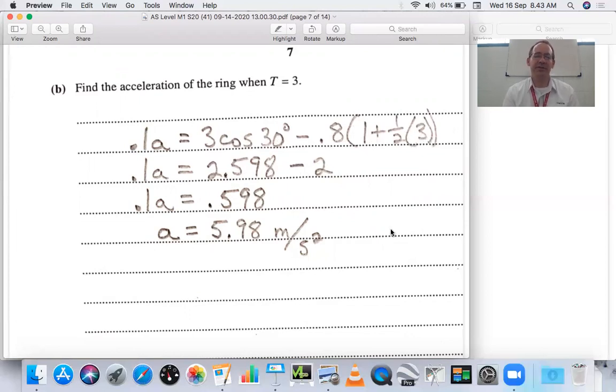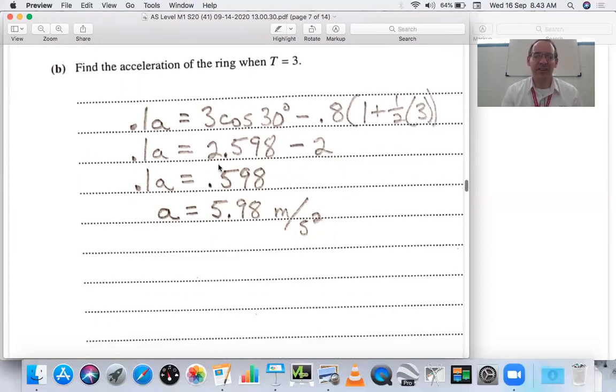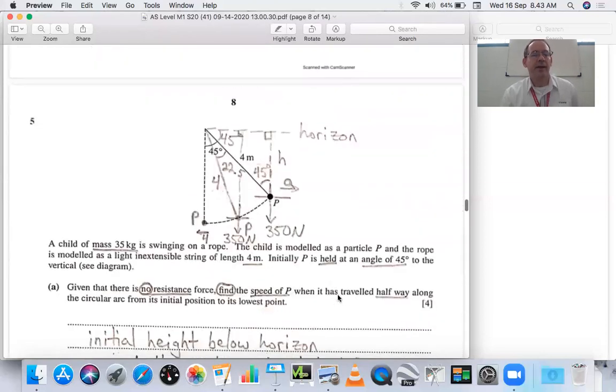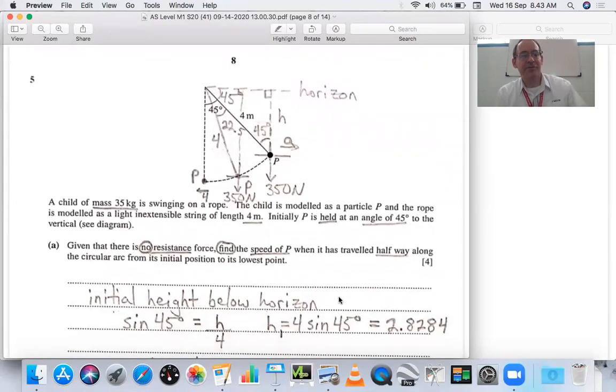So plugging in the 3's, we resolve the forces going to the right, 0.598. Divide by the 0.1 gives us an acceleration of 5.98 meters per second squared. Going on to question number 5.